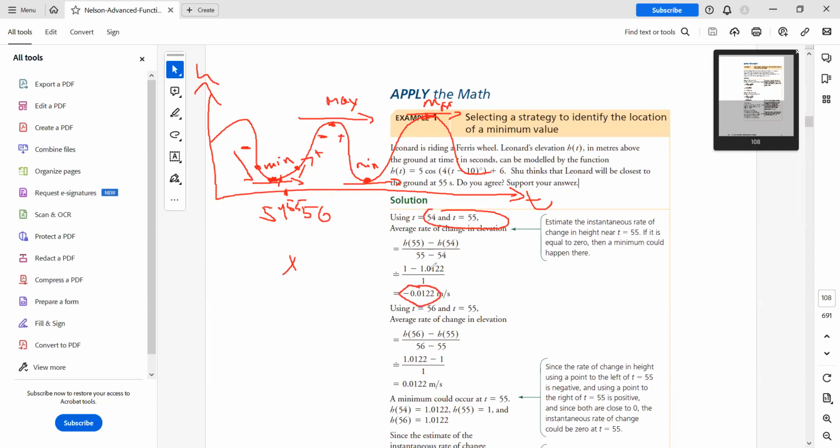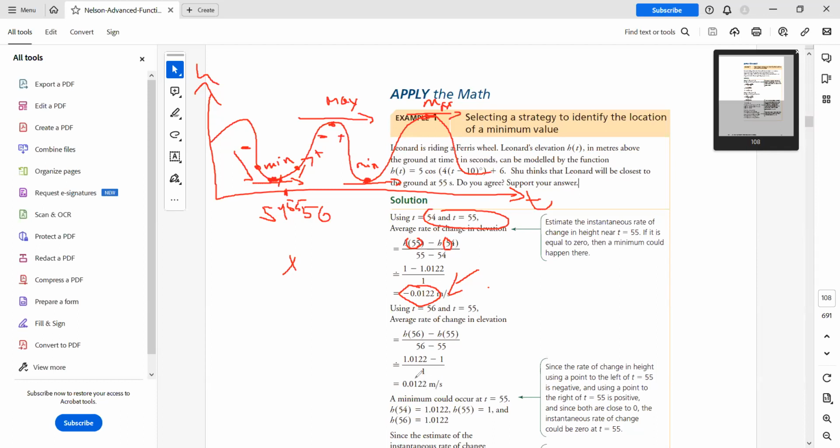The result of this calculation shows that before this point, from 54 seconds to 55 seconds, the average rate of change is negative, so the function is decreasing. On the other hand, from 55 to 56 seconds, the average rate of change is positive, so the function is increasing.